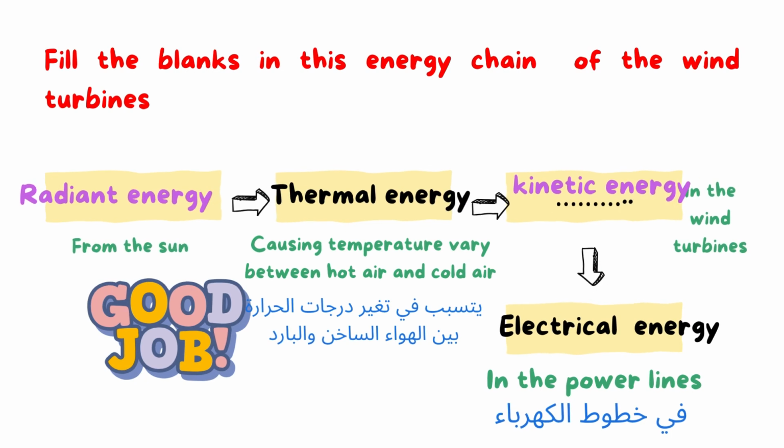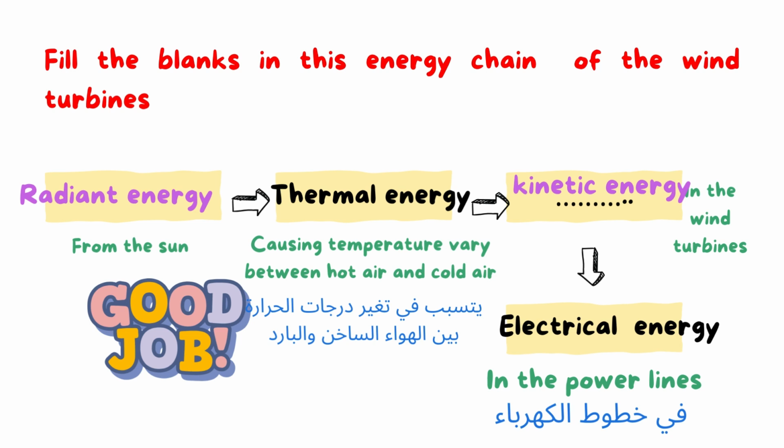Radiant energy. So radiant energy is converted into thermal energy, causing the temperature to vary between hot air and cold air. As here we have the wind movement. So this wind movement causes the thermal energy to convert into, in the wind turbines, what energy? Yes, the blades rotate or spin and the turbine spins. So this is kinetic energy. Thermal energy is converted into kinetic energy in the wind turbines.